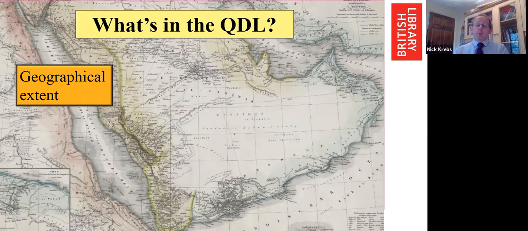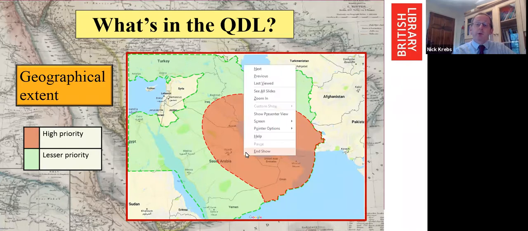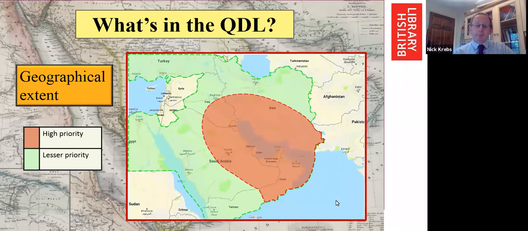Well, the first thing that we really need to do is to have a look at the geographical extent of the project. And the geographical extent, you can see here, you can just about make out the Arabian Peninsula beneath the shading. The high priority area in the red is around about a 250 to 300 mile radius around the Persian Gulf, and obviously you can see Qatar in the middle there, and we'll have pretty well any material of interest from within that radius.